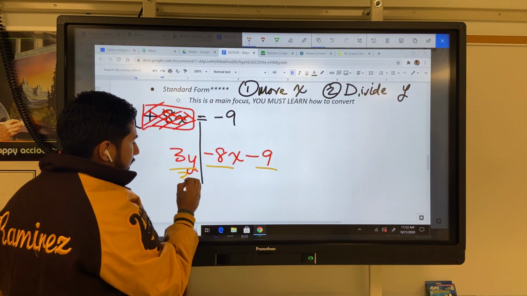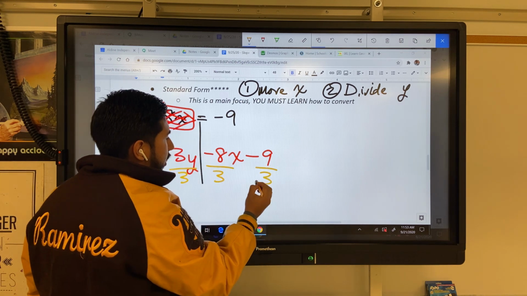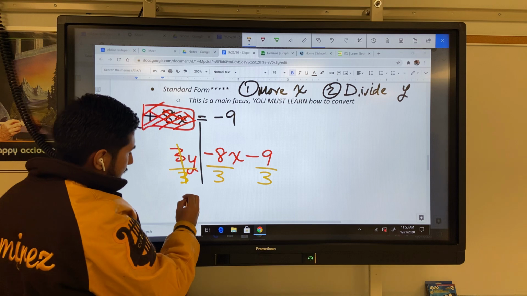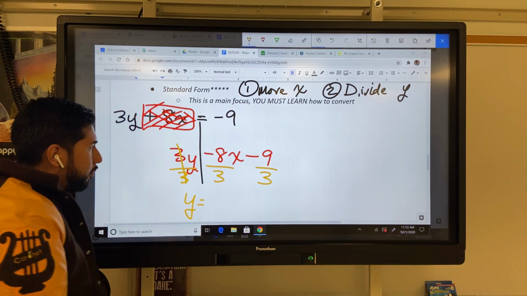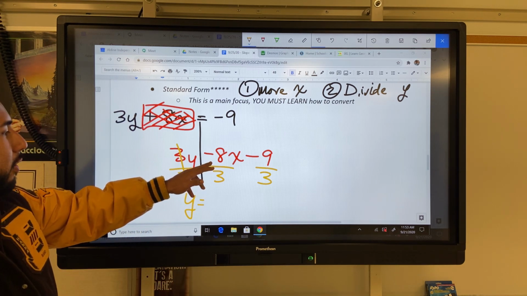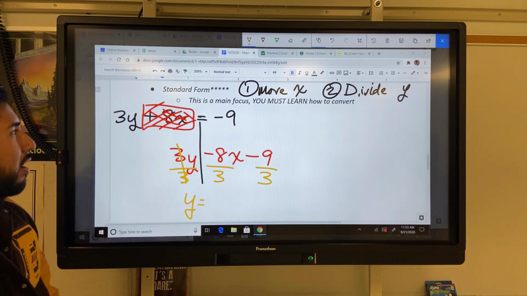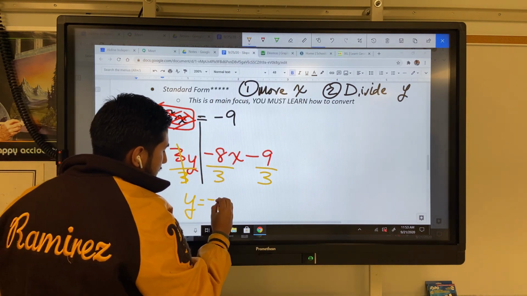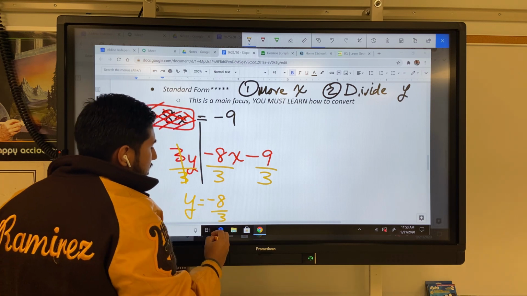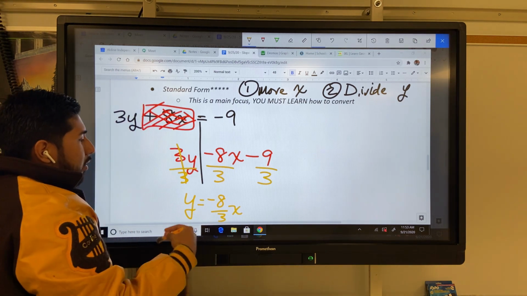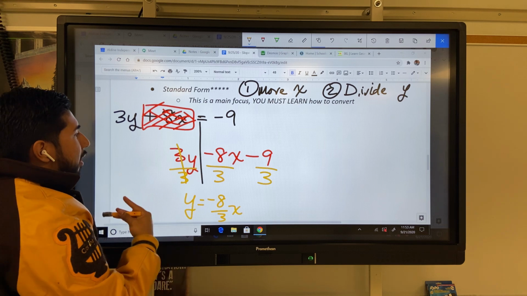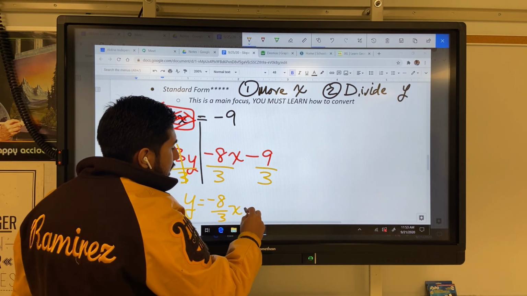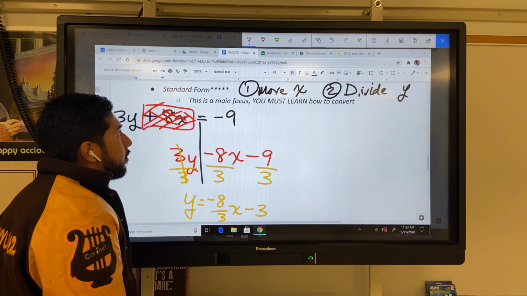So 3, 3, 3. Should already know 3 divided by 3 is 1. Gives me my y equals. Check in your calculator or look it up online. Negative 8 divided by 3. Is it reducible? No, stays the same. Usually, most of the time, it will stay the same in Algebra 1, ninth grade. Negative 9 divided by 3 is negative 3.